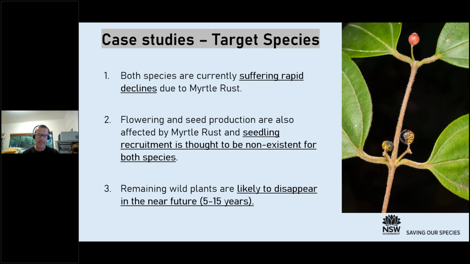We also know that flowering and seed production is affected by Myrtle Rust infection on these plants, and seedling recruitment is basically non-existent. So we know that the plants we're seeing in the wild now are probably the last natural recruits for these species, and they're likely to disappear within the next 5 to 15 years. It's uncertain how long they'll last.